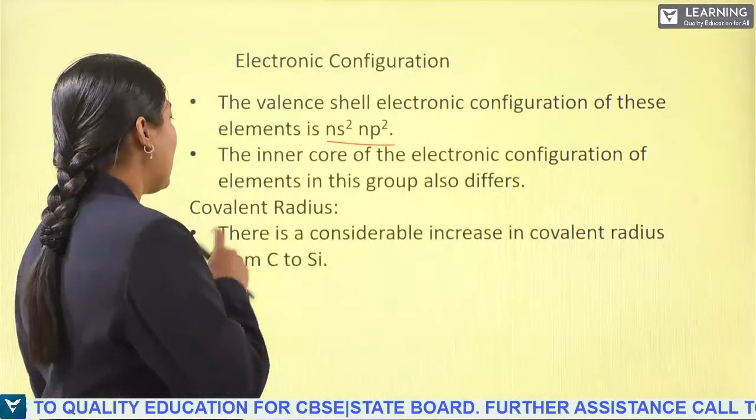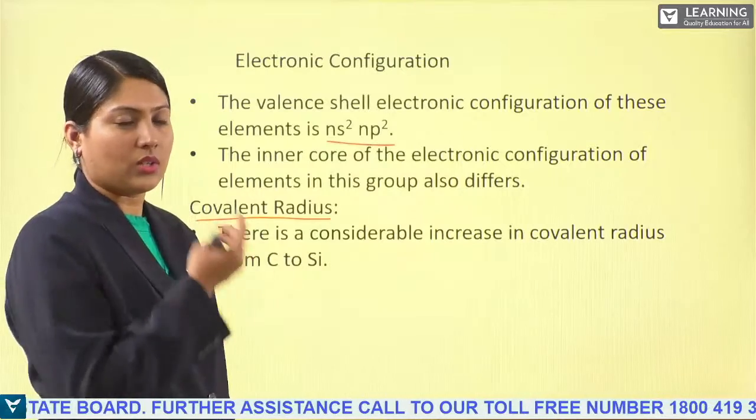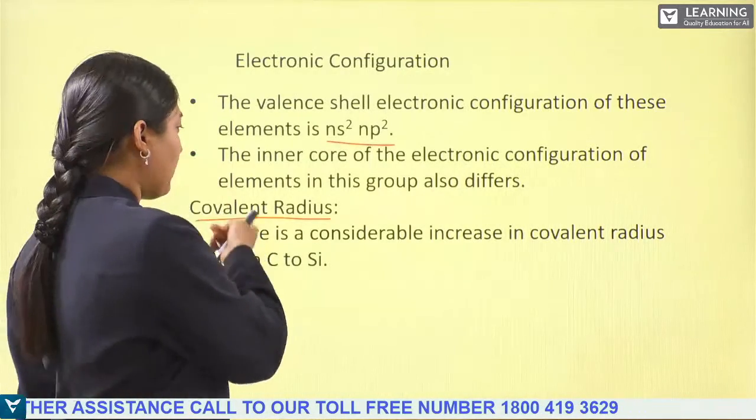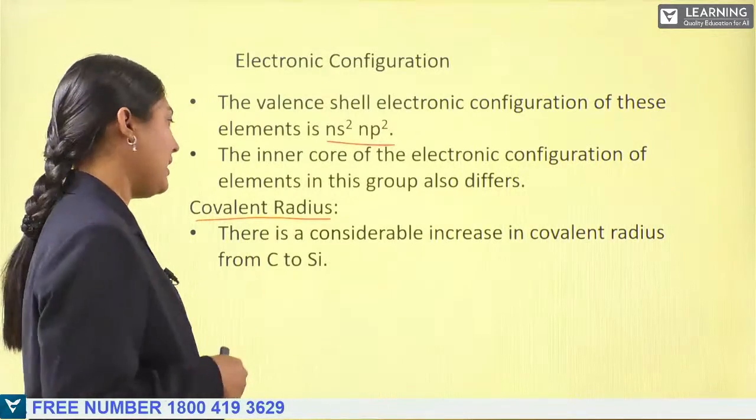As we know, they have covalent radius, as there are 4 electrons in the outermost or valence shell. So what happens? They just share the electrons rather than donating or gaining them.